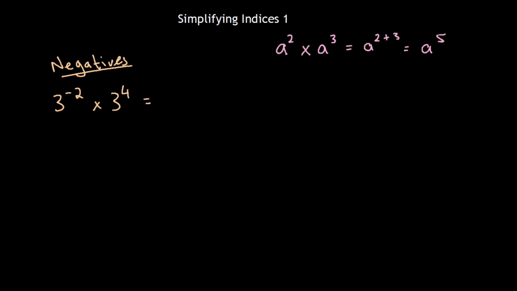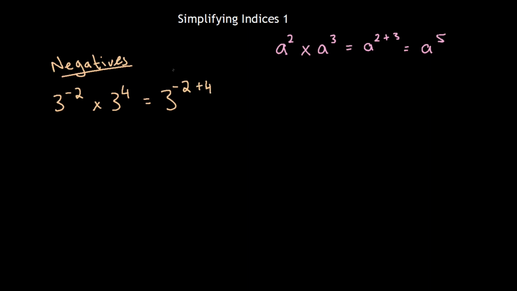Now again, since we are multiplying, the addition rule still applies. So we can add the two powers. So we can say it's 3, negative 2, and I'm going to add that 4, that positive 4.